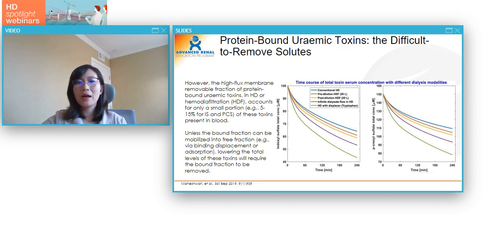For example, for typical well-known uremic toxins, indoxyl sulfate and p-cresyl sulfate, only 5 to 15% of the total concentration is free in the plasma. And usually at the end of the treatment, you can even see this free fraction drops.